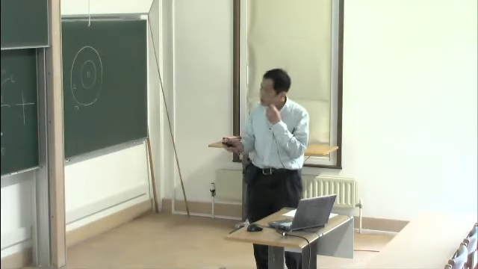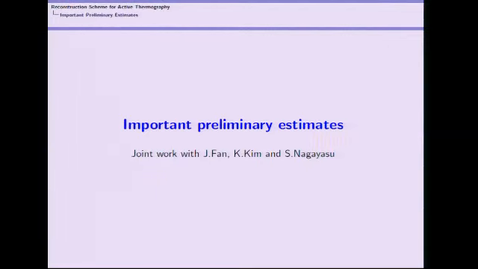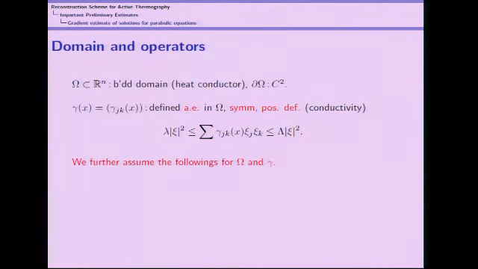Okay, let me start with the important preliminary estimate. This is joint work with Jishan Fan, Kyoung-sun Kim, and Gen Nakamura. Okay, the domain and operators which I use are the following.